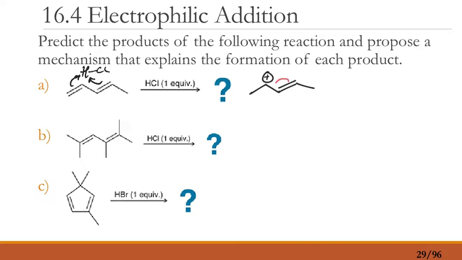But then this one through resonance can give you that. I'm going to number these 1, 2, 3, 4, 5, and 1, 2, 3, 4, 5. So you see, those are actually the same. So you really, again, only get one possible carbocation.